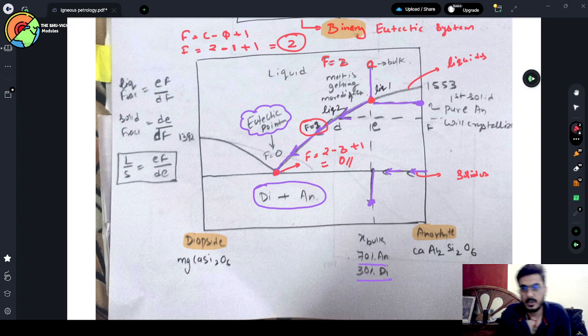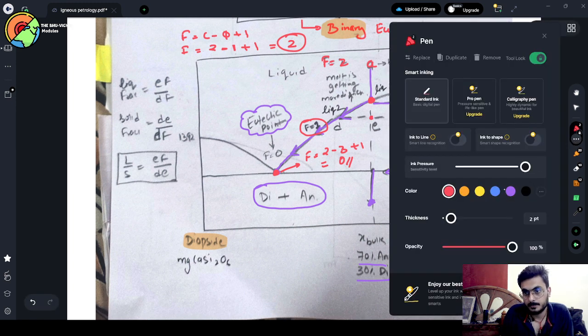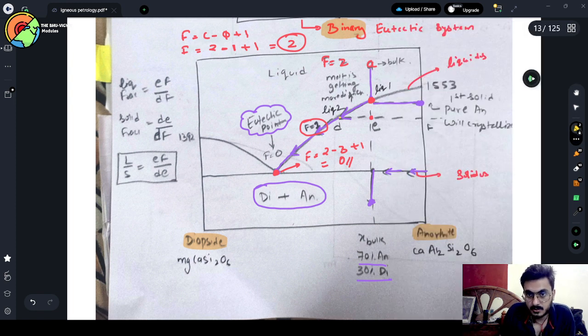Now if we want to calculate the composition of melt and solid at any point, for example this point E here, we will apply the lever rule. Now this tie line we will draw like this, and if you want to calculate the fraction of liquid present, we will go toward the solid side, that is EF by total DF, as you can see in this formula.